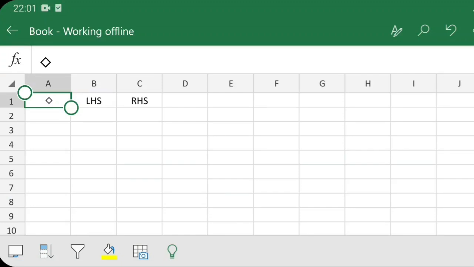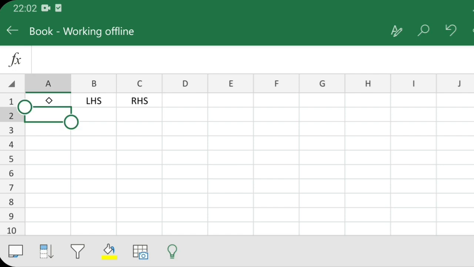Okay, I will show you how to find the value of rhombus using Microsoft Excel on your smartphone. First, you must download it from Play Store or App Store, and after that you can open it. Same as what I explained before, you just need 3 columns for rhombus, left hand side and right hand side.